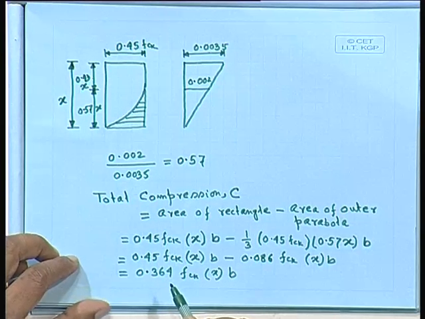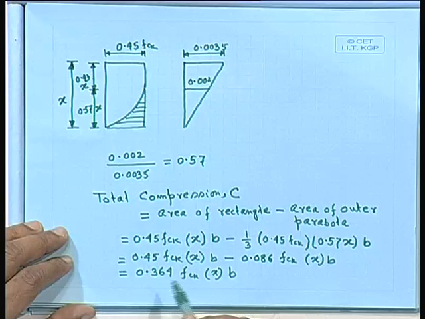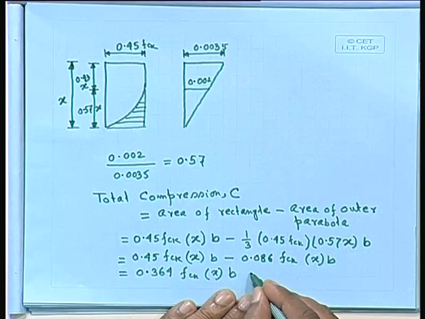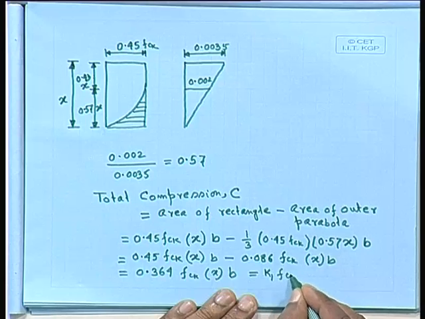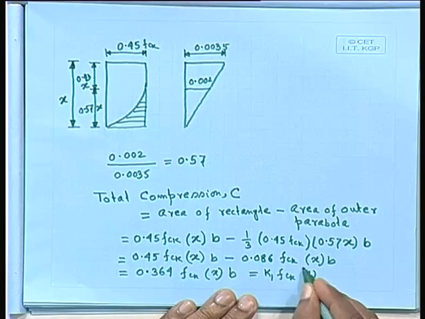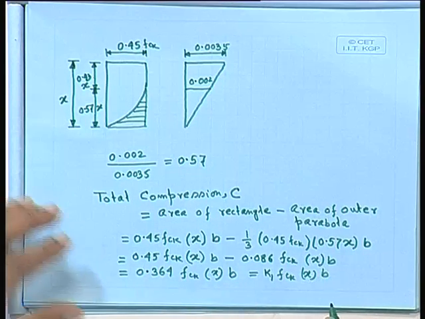This 0.364 we can take as one factor, K1. We can write it as K1 fck x b. This is one factor generally considered.